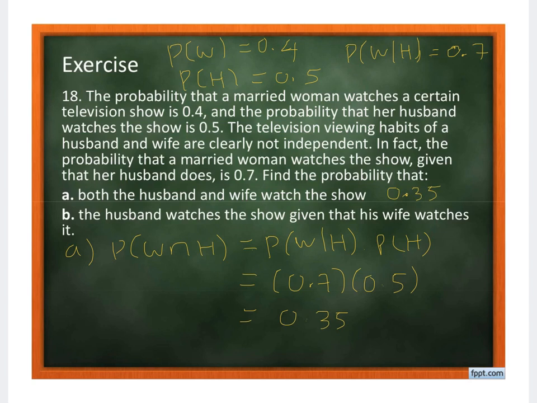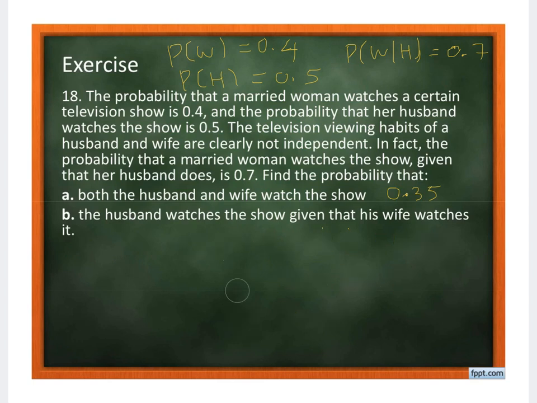For letter B, the husband watches the show given that his wife watches it.